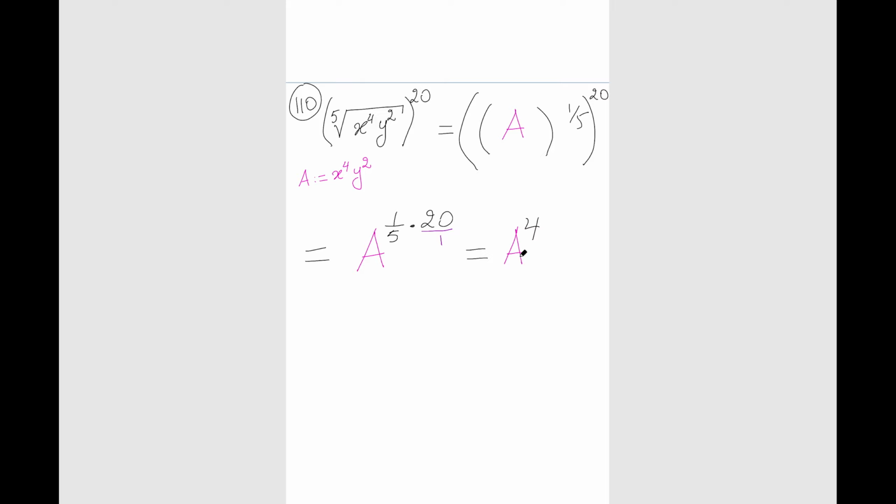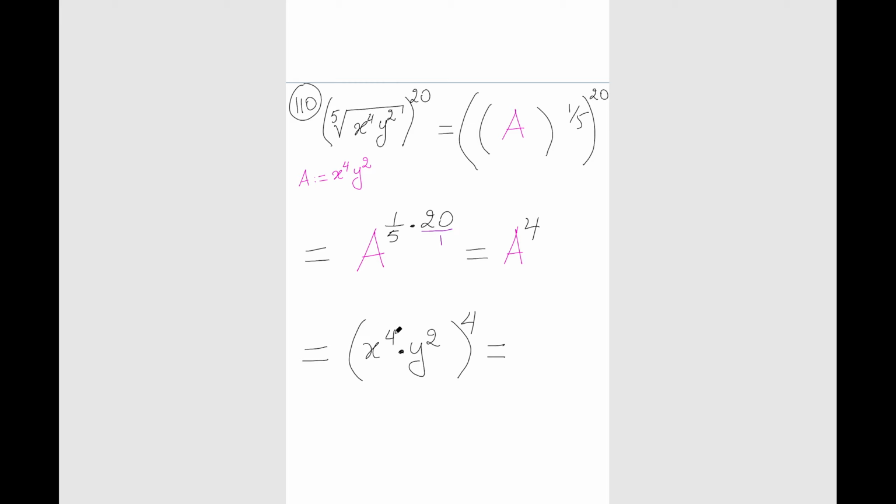All right, and then let's replace what a means to us. A means x to the 4 y squared. And that exponent 4, I'm going to just copy it right here. Okay. And then what's the structure here? What's the operation between x to the 4 and y squared? It's a multiplication.